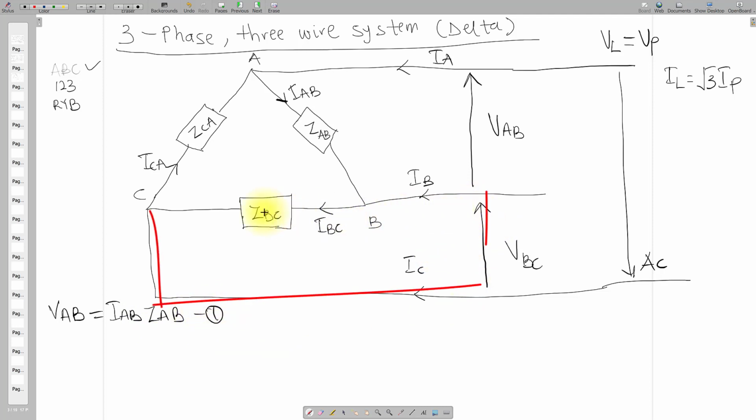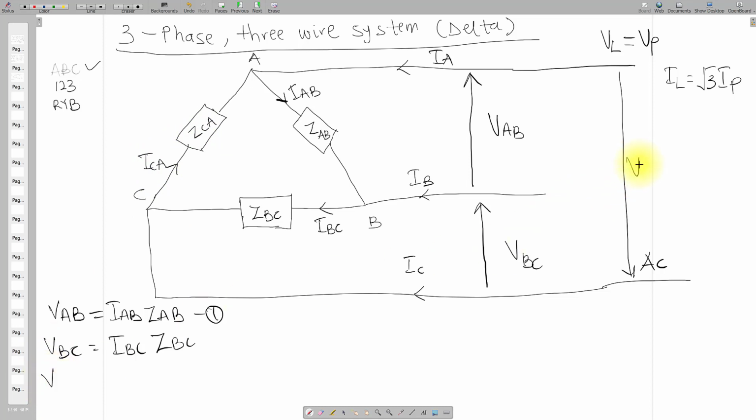Now, looking at this loop, I can also write an equation because this voltage BC is the same voltage across this phase over here. So I can say that VBC is IBC times the impedance ZBC. And I have this line voltage AC, the same voltage across this phase AC. On this phase I have current ICA and impedance ZCA.